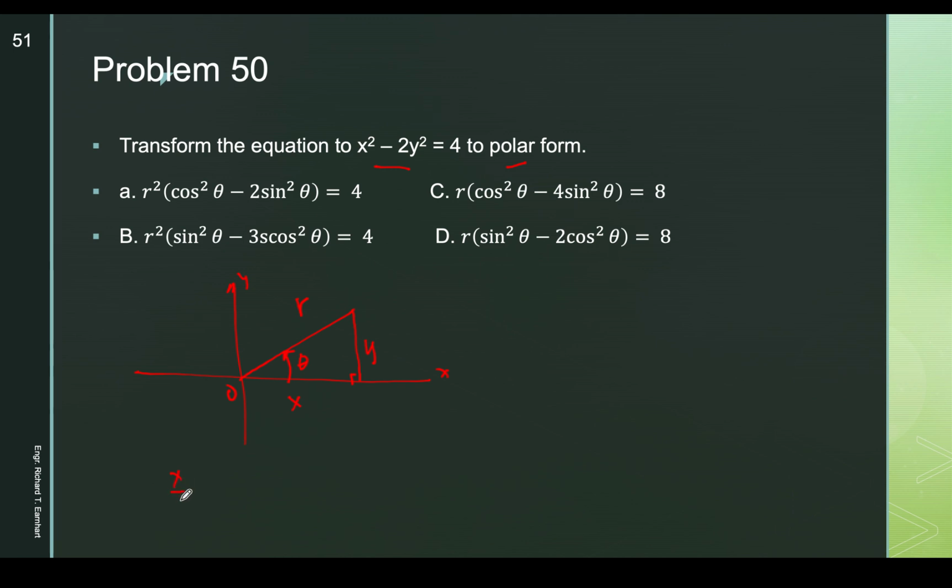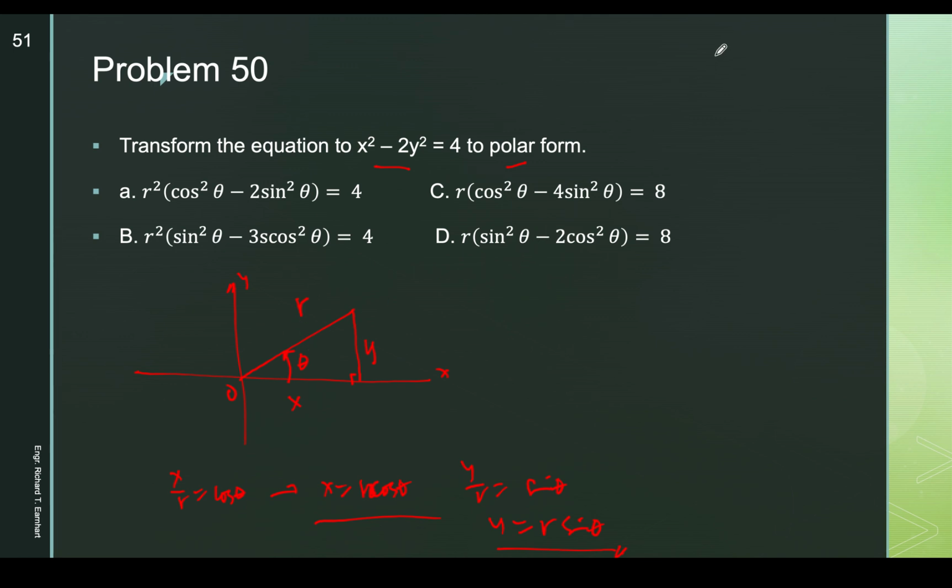So as you can see, x over r is cosine theta, so x is r cosine theta, and then y over r is sine theta, so y is r sine theta. That is from polar to rectangular.